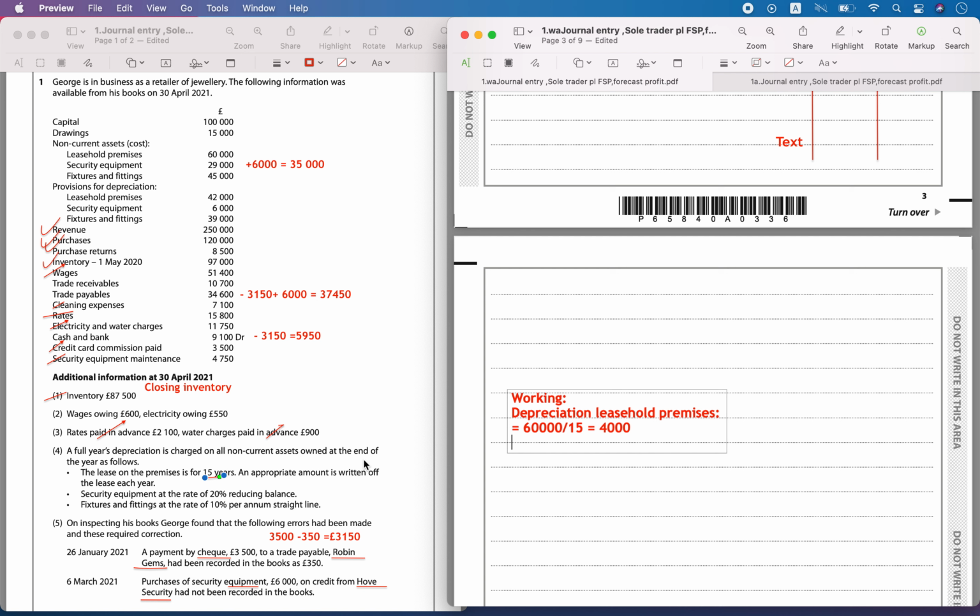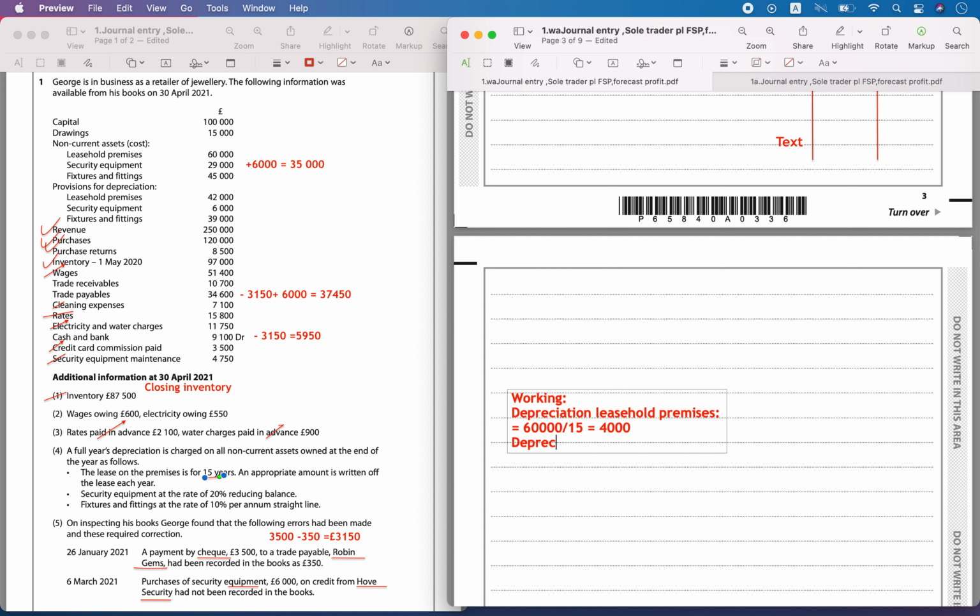Now let's calculate for the security equipment, reducing balance method, 20 percent. So let's calculate the depreciation for this. The total cost value is 35,000, and then the provision for depreciation is around 6,000.